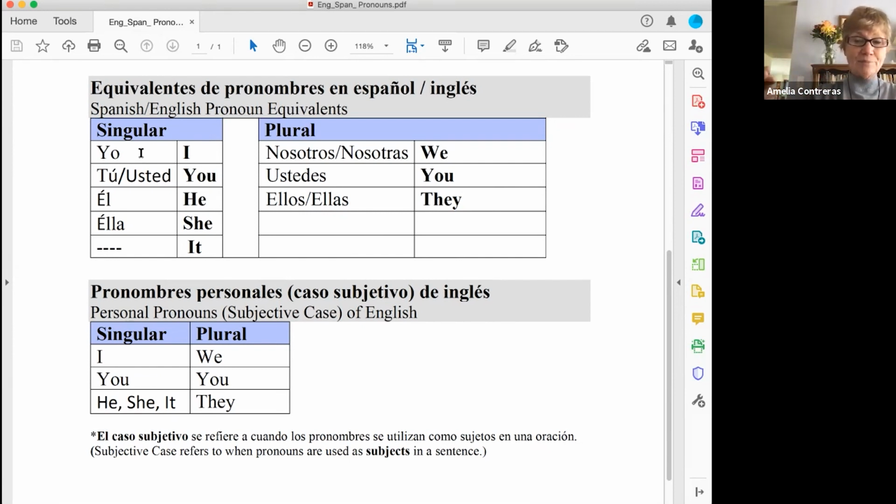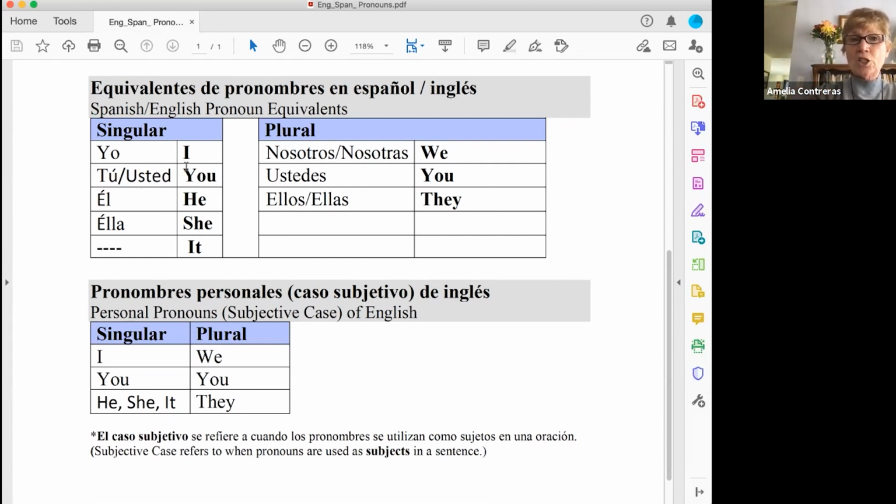Every ending indicates who is being referenced. And in the case of yo, you don't need to say yo most of the time. In English, you always have to use the pronoun. There is no way that the verb itself can express who the pronoun refers to.